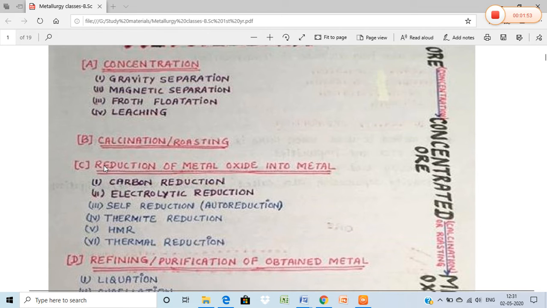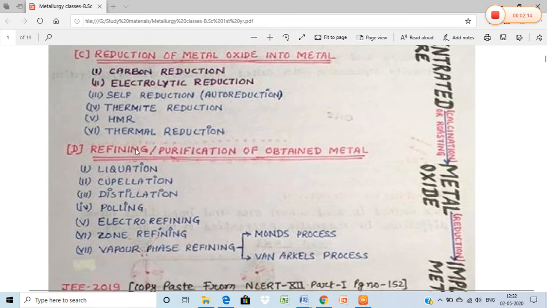For the reduction, after getting the concentrated ore, we do the reduction of metal oxide into metal. For this, we use carbon reduction, electrolytic reduction, self reduction, thermite reduction, or thermal reduction. Any of these processes can be followed depending upon the type of metal oxide. Now we go for the refining or purification of the obtained metal.